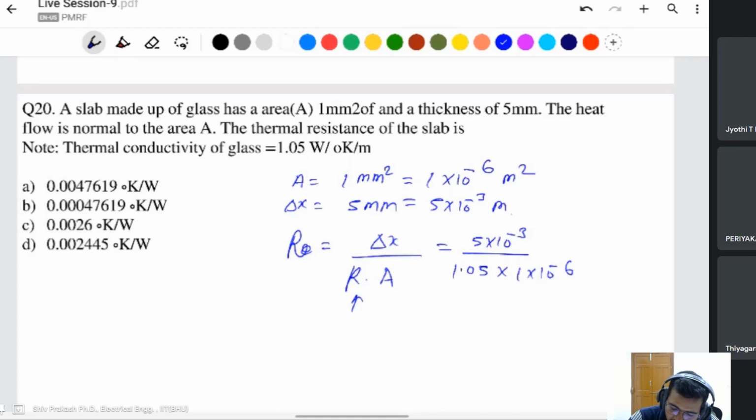I think in this problem it is not mm square, this is a meter. If you take mm, this will be a very high quantity, but there is a very small quantity here. So this will be 1 meter square area.